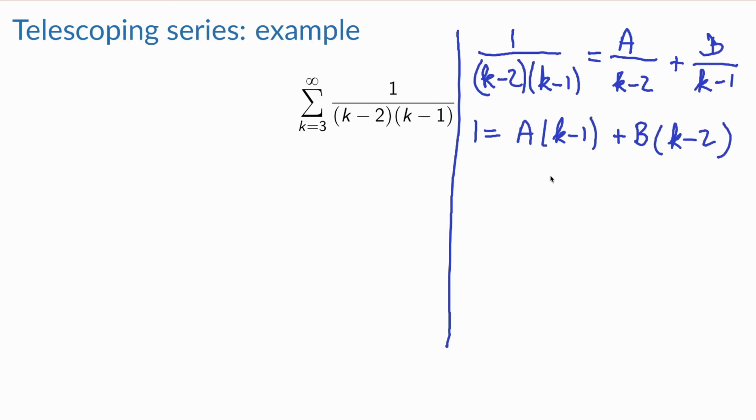Then if we plug in k equals 1, that gives us 1 on the left equals minus b.